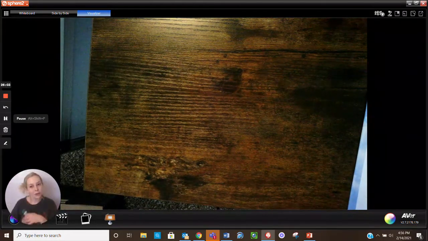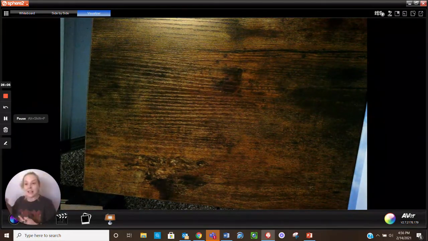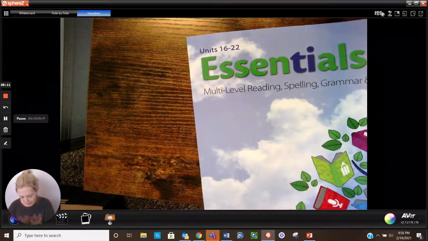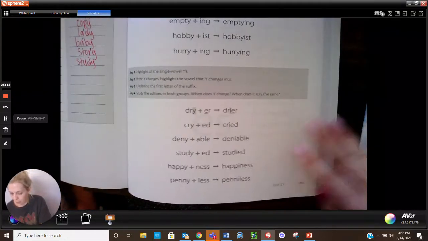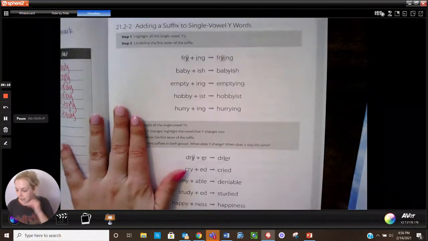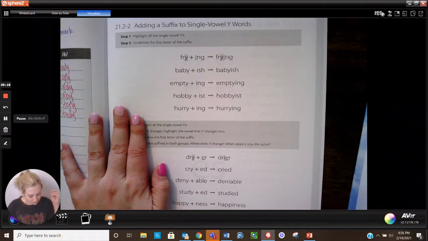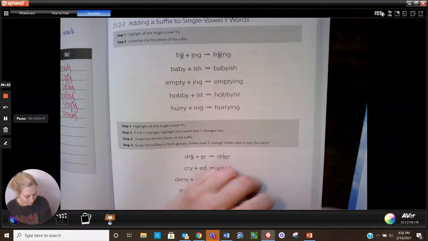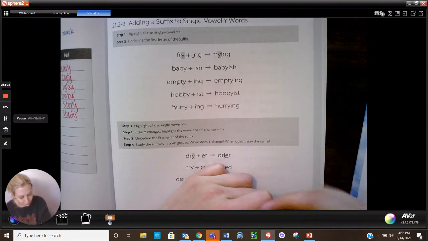I know I keep telling you, put it away, grab it, put it away, grab it. That's just how the lesson goes sometimes. And we're going to turn to page 149. So it should look like this. All right, you're going to need a highlighter or your pencil if you don't have one. Just box around it.